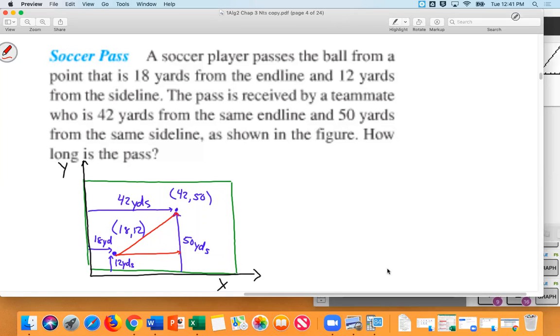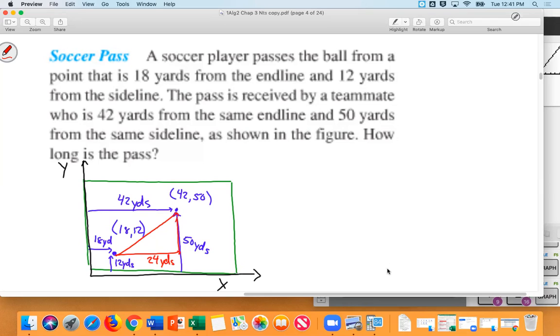I'm just making the triangle. What's 42 minus 18? 24. So this is going to be 24 yards.